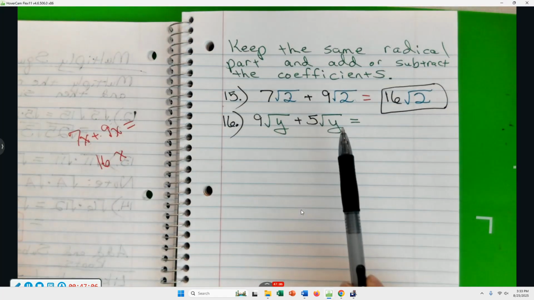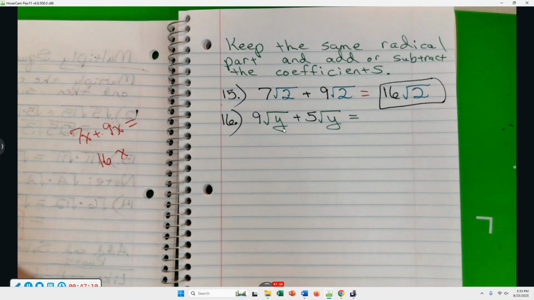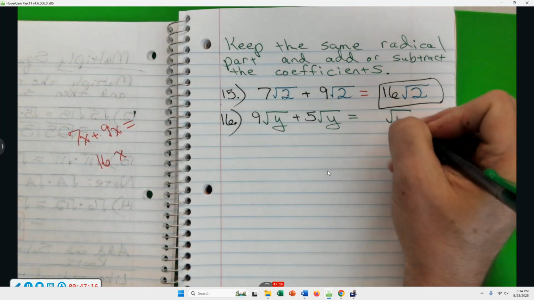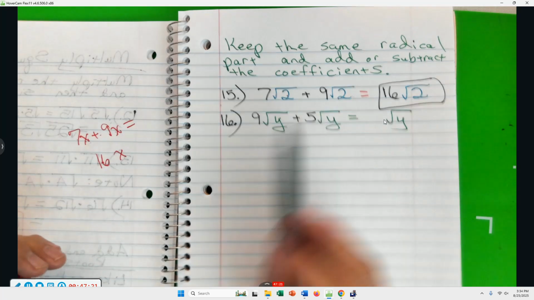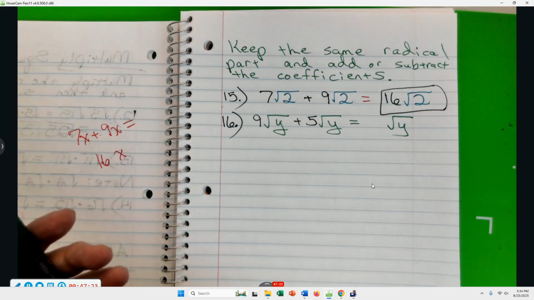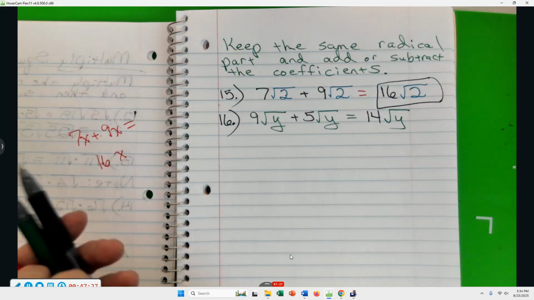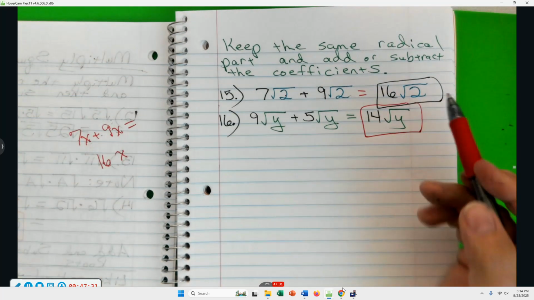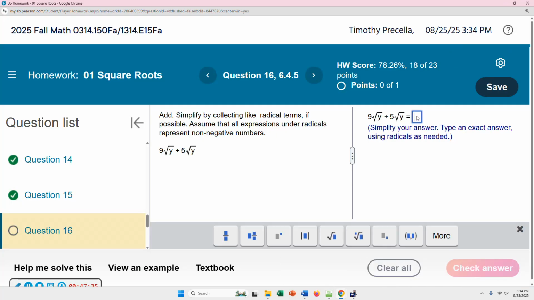Do we have like radical terms? Okay, what's the radical part that I'm about to write down here? The square root of y. Okay, we have like radical terms. So what are we going to do to the 9 and the 5? 9 plus 5 gives me 14. So 14 square roots of y. I'm still thinking of that square root of 2.